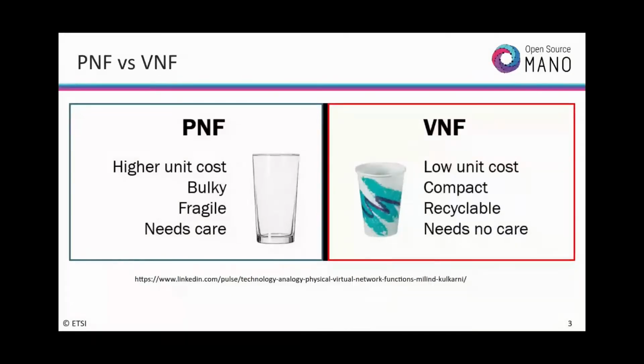Whereas a VNF is a low cost unit. And the important thing is it is recyclable. Now, what do I mean by that? What I mean is that OSM is capable of creating it and destroying it on demand. This is the key differentiator between physical and virtual network functions.